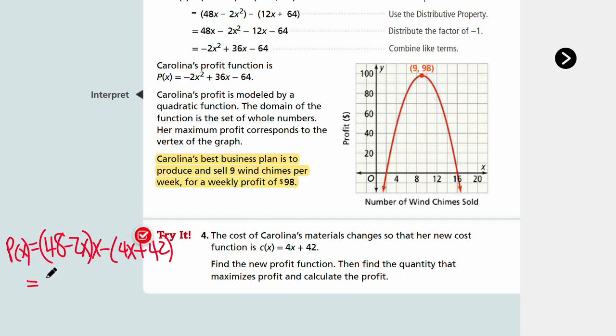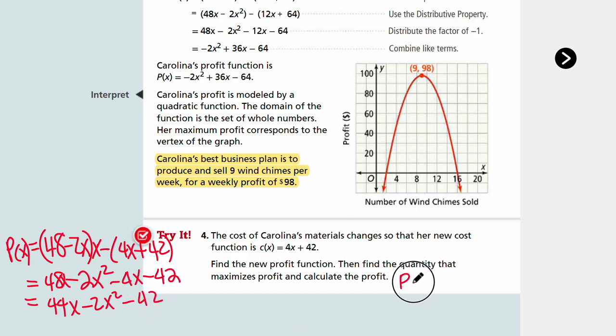And then you can simplify that by distributing these out, and distributing your negative out as well, and combining like terms. So this is 48 minus 4, so that's 44x minus 2x squared minus 42. So find the new profit function.